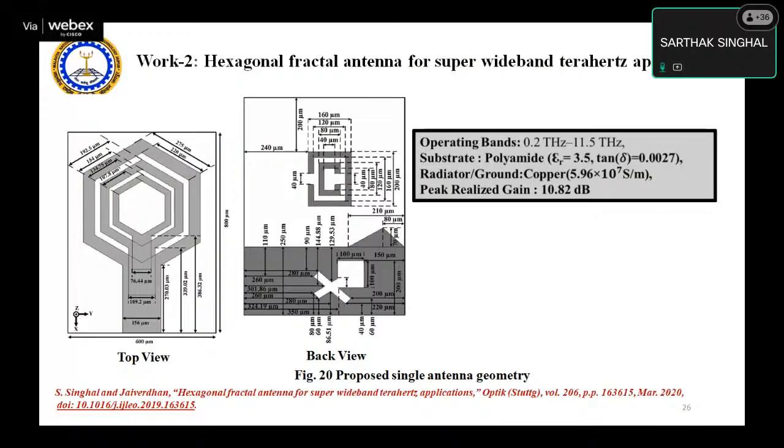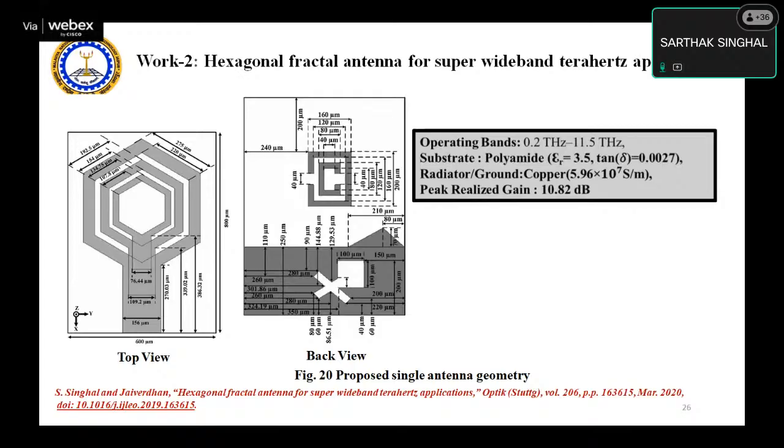In this, three hexagonal rings were used with a partial microstrip line and a partial rectangular ground plane, which is loaded with a triangular stub and a square slot with a plus shaped slot for generating additional resonances and for improving the impedance matching, resulting in wider bandwidth, along with a pair of C-shaped split ring resonators.